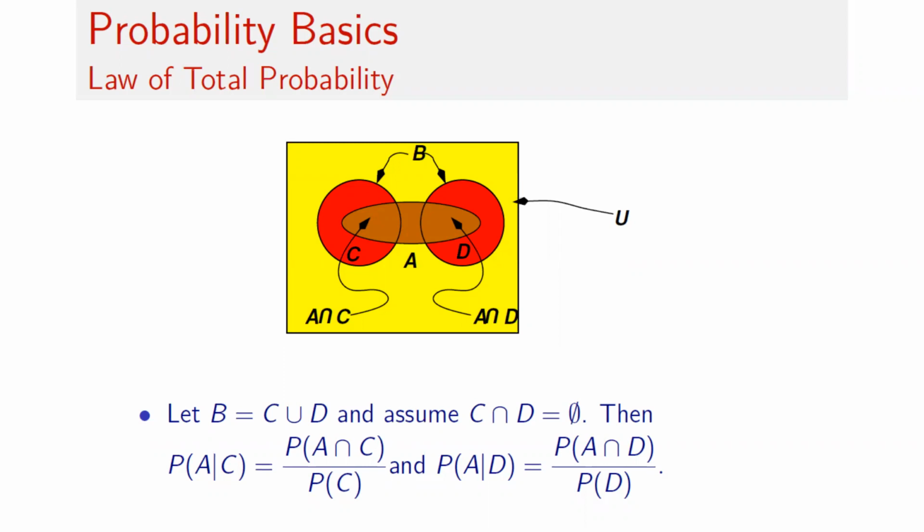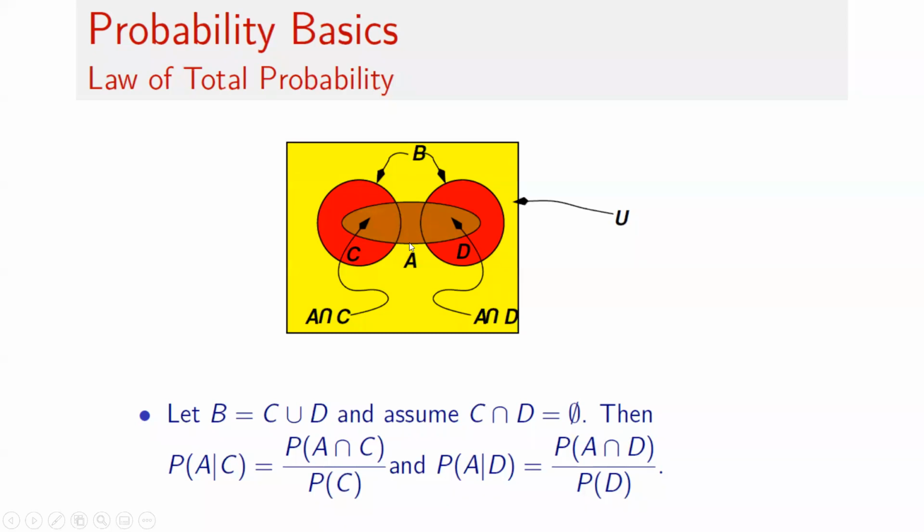We can start with this set, capital B, which is the union of C and D. We can see that C and D are, for example, disjoint.